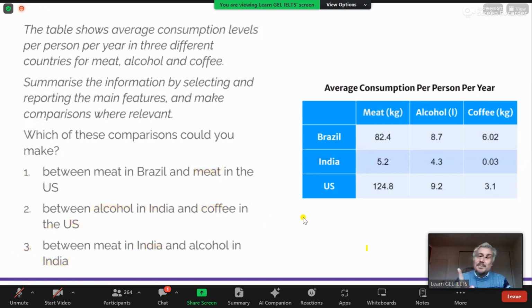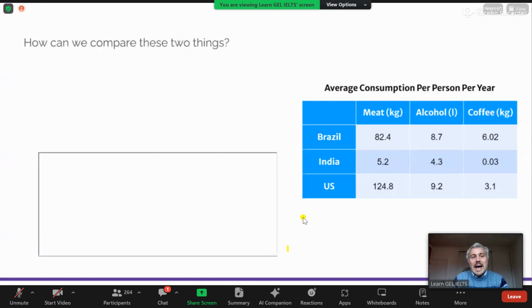Okay, now let's practice using all of the grammar, all of the vocabulary from this class. I want you to practice writing comparison sentences. So, let's have a look at the first question. How can we compare these things? Meat in Brazil and meat in India.